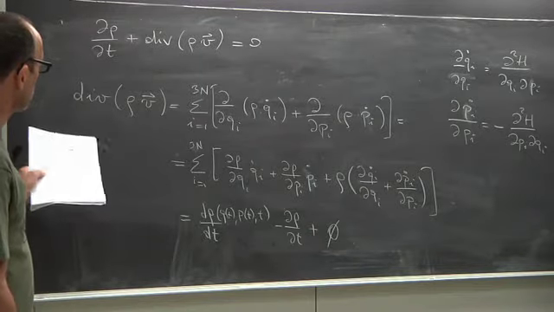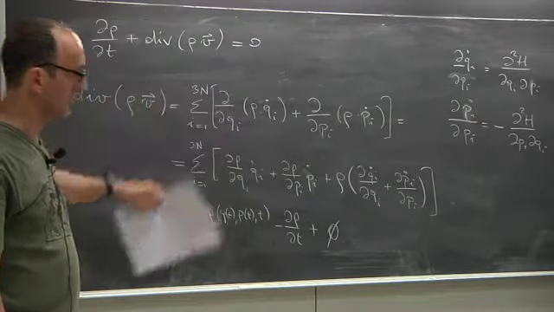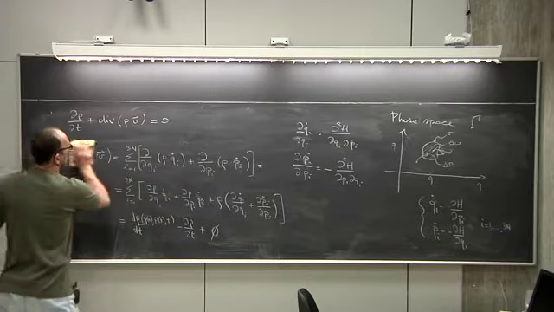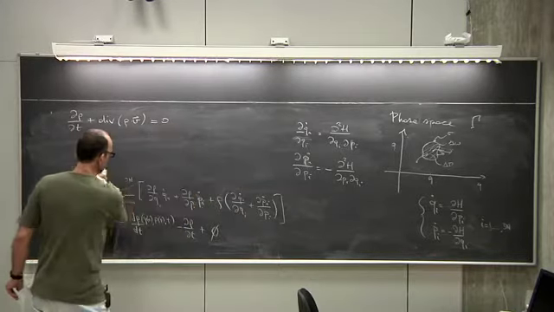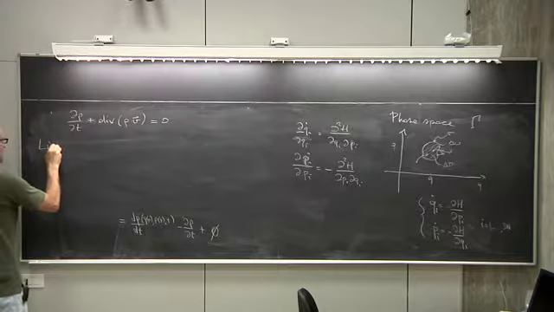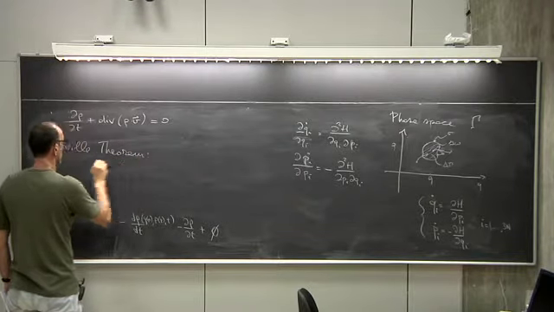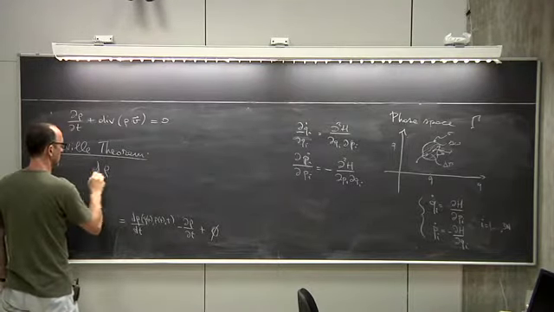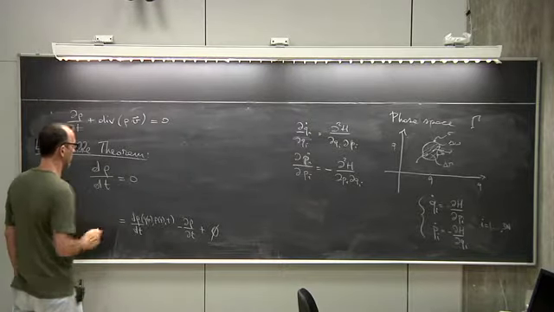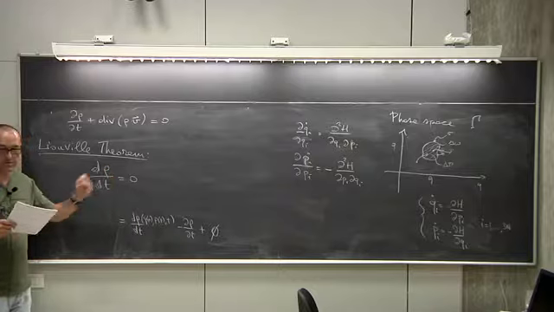So if you plug this result in, what you get is a quite important result, which is known as Liouville's theorem. It states that the total derivative of the density over the trajectories with respect to time is equal to 0.